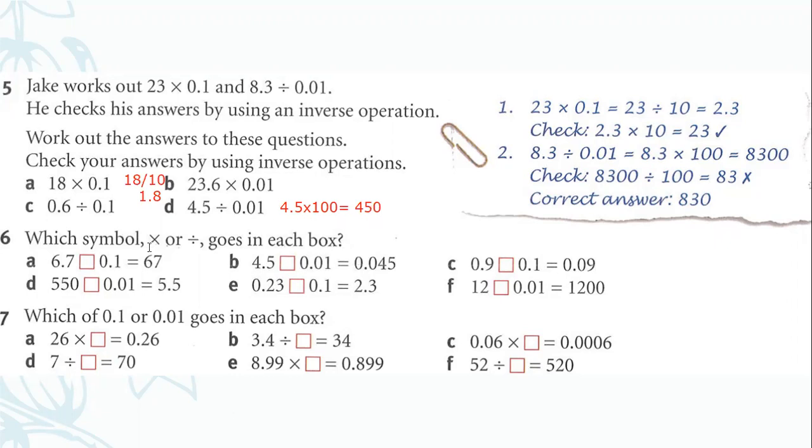Which symbol, multiply or divide, goes in each of these boxes? This one is so easy. How do you know? When your output is bigger than your input, let's suppose this is your input and this one is your output. If the input is bigger, here you put the divide sign. Otherwise you put the multiply sign.